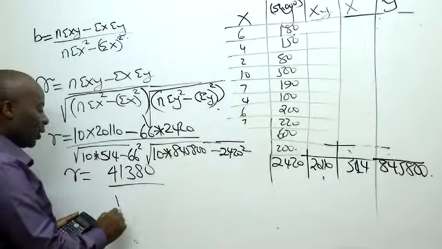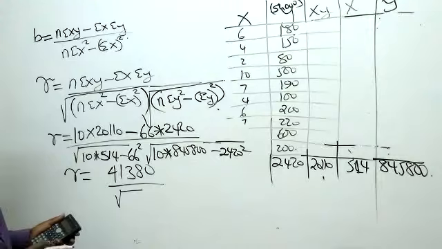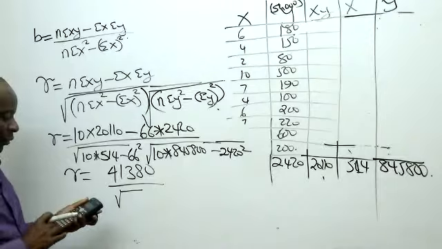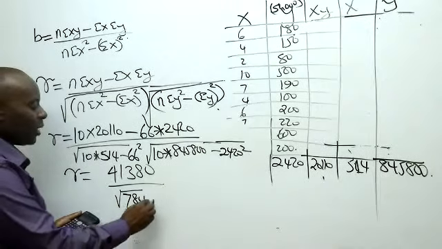From there come to these square roots. We call them sides. So we have 10 times 514 minus 66 squared. What figure am I able to get here? 784. And then we have the other one.